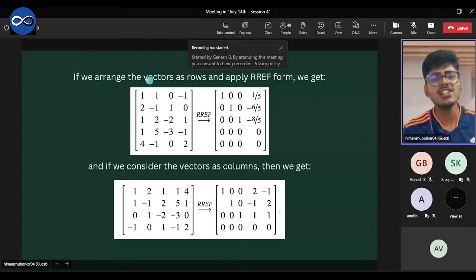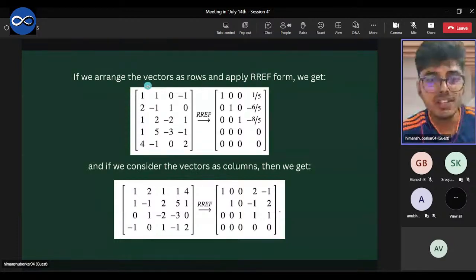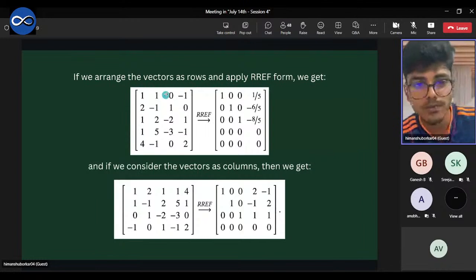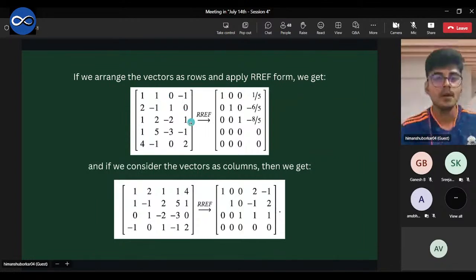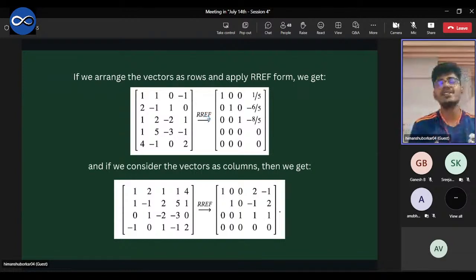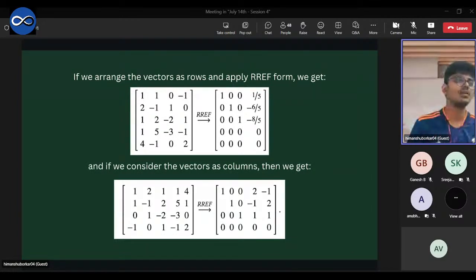If we arrange the vectors as rows and apply the RREF, so I've arranged all these vectors as rows over here, we have 5 rows and 4 columns as expected, and then we apply RREF. You apply all the methods step by step. That is the best way to do it. I recommend it because you get more clarity and you don't make silly mistakes.